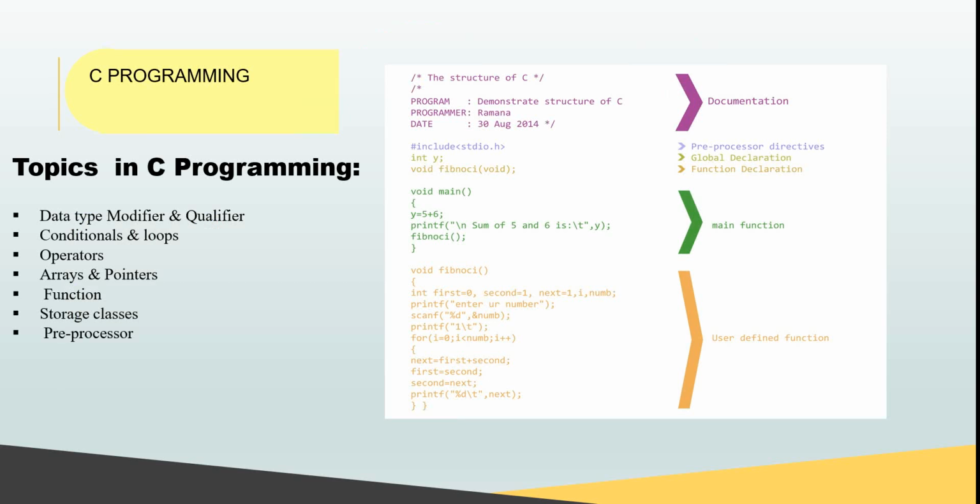Firstly, I have learned the basics of C programming in this internship. You can see the basic structure of a C program here. Documentation is just for commenting purposes. A multi-line comment starts with forward slash and asterisk and ends with asterisk and forward slash.